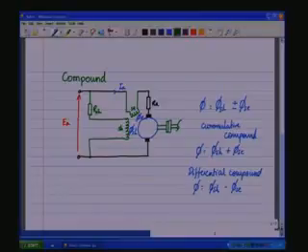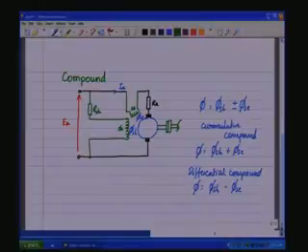Now, under load conditions, because IA is going to be large, the flux is going to be higher than under no load conditions, where the series field flux is going to be less significant.